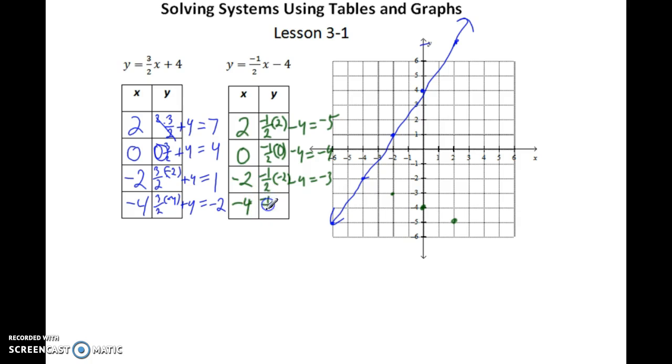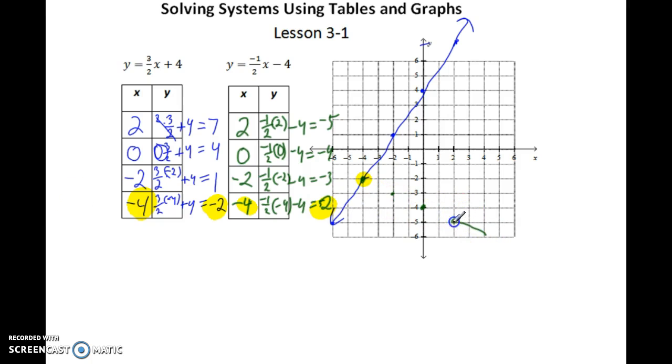And -1/2 times -4 minus 4. That's +2 minus 4 is -2. So that would be -4, -2. And that looks like it hits on exactly the same point. So you can see that -4, -2 and -4, -2 is the same point. That's the solution to this graph.